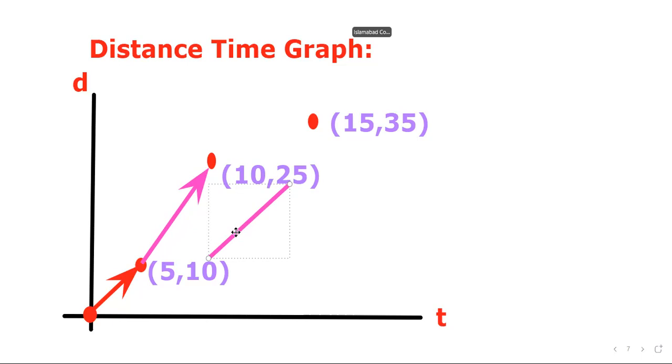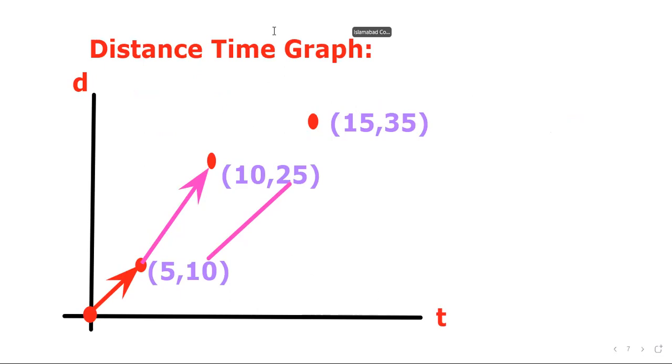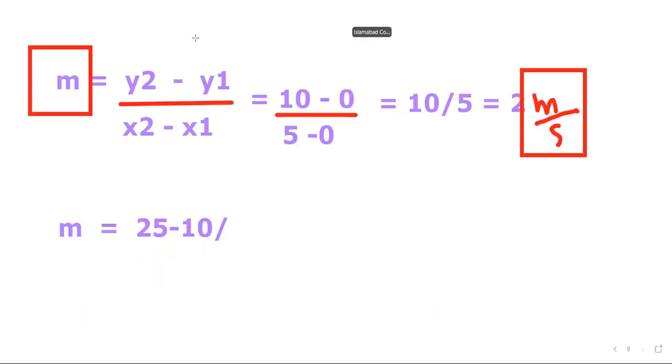So the gradient is 25 minus 10 divided by x2 minus x1. x2 is 10 and x1 is 5, so it would be 10 minus 5.